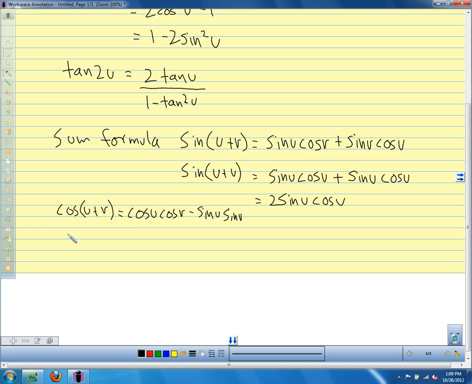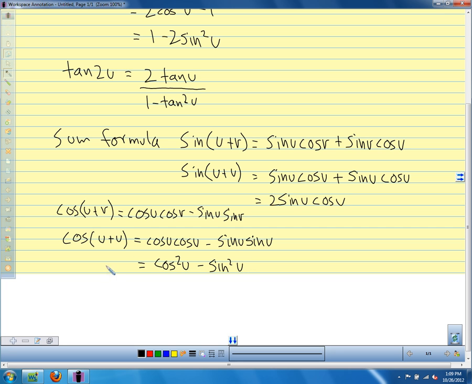Now I'm going to put in the same angle twice into this formula, u plus u. So this is going to be cosine u cosine u minus sine u sine u, and I get cosine squared u minus sine squared u.